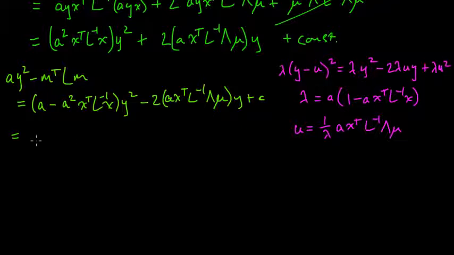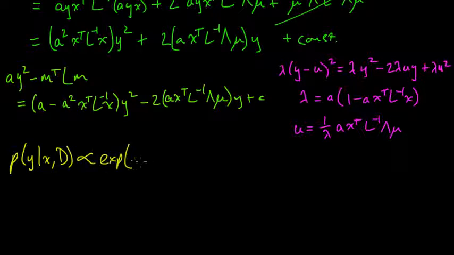We don't need to plug it in, so we can just be lazy and write down what we have. I think you know this enough by now. This is proportional to e to the -1/2 times this, and that was equal to this plus something which is constant with respect to y.